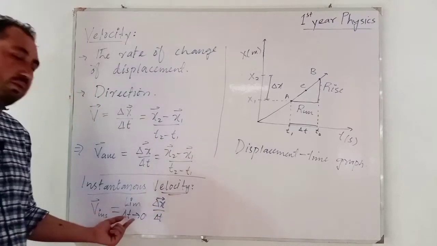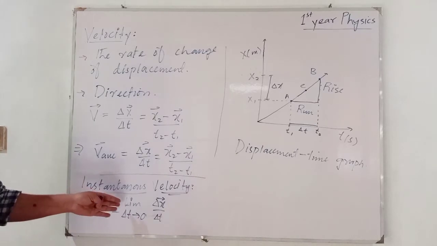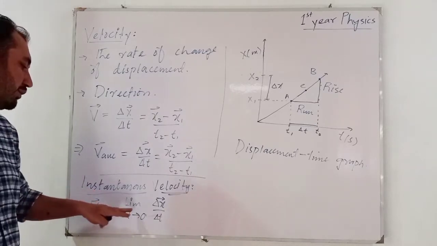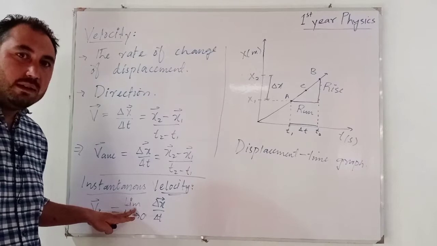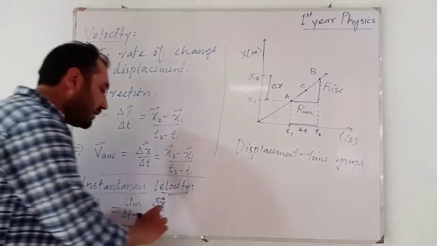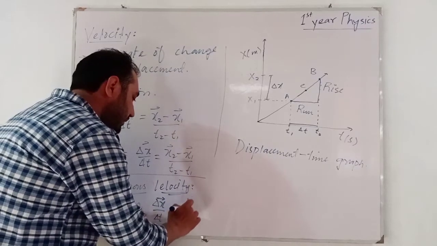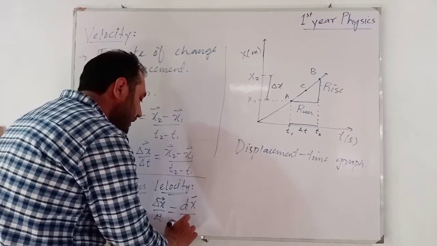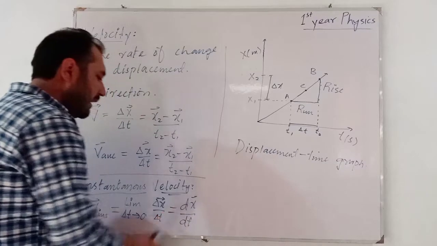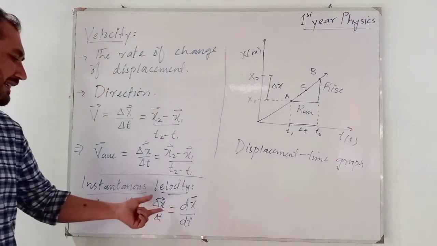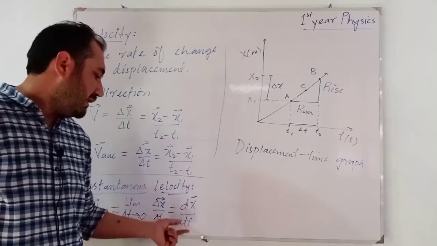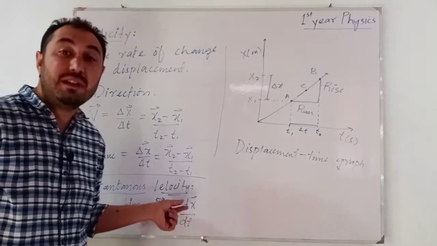Now from calculus, when we introduce that kind of limit, this expression can be written in terms of the differential change in displacement over the differential change in time. This differential is nothing but the change in displacement and the change in time, but this change is very small.